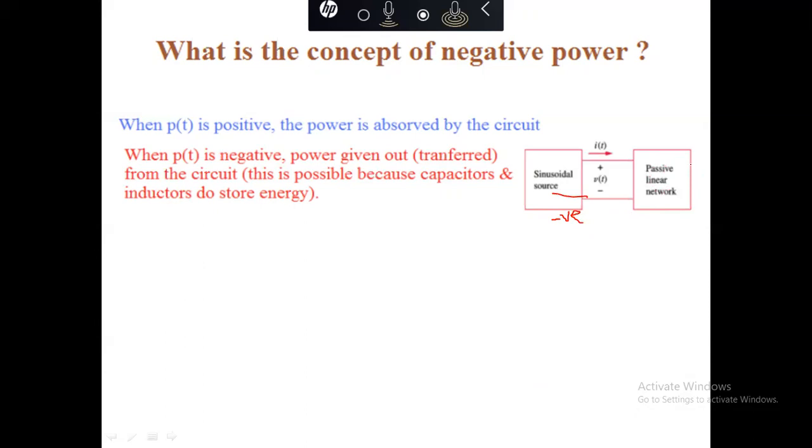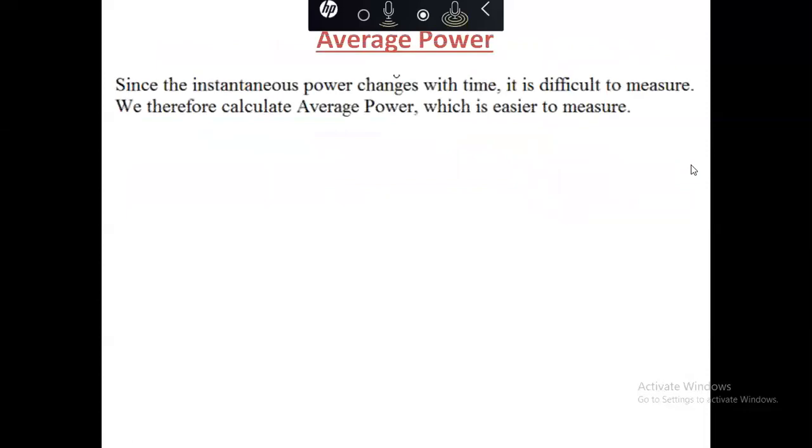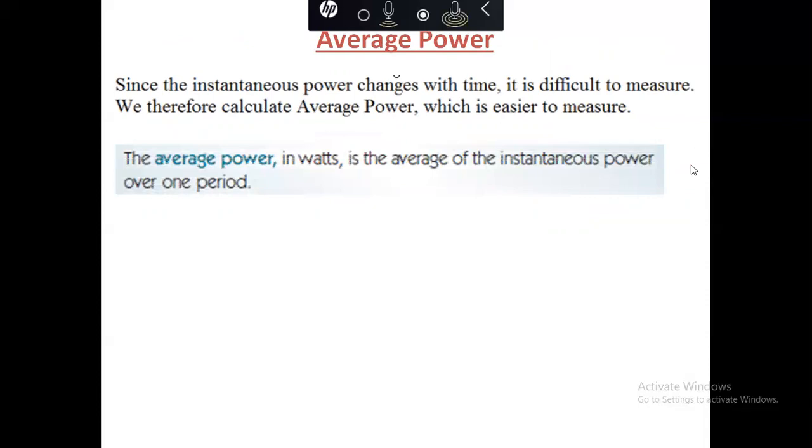So how is it possible that power is transferred by the network? Power is transferred by the network because the capacitors and inductors store energy. So instantaneous power changes with time.